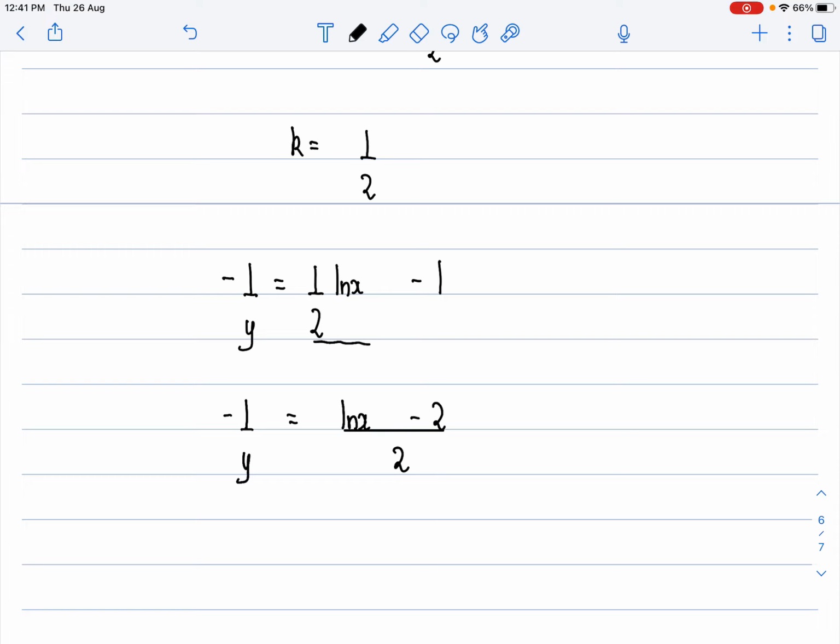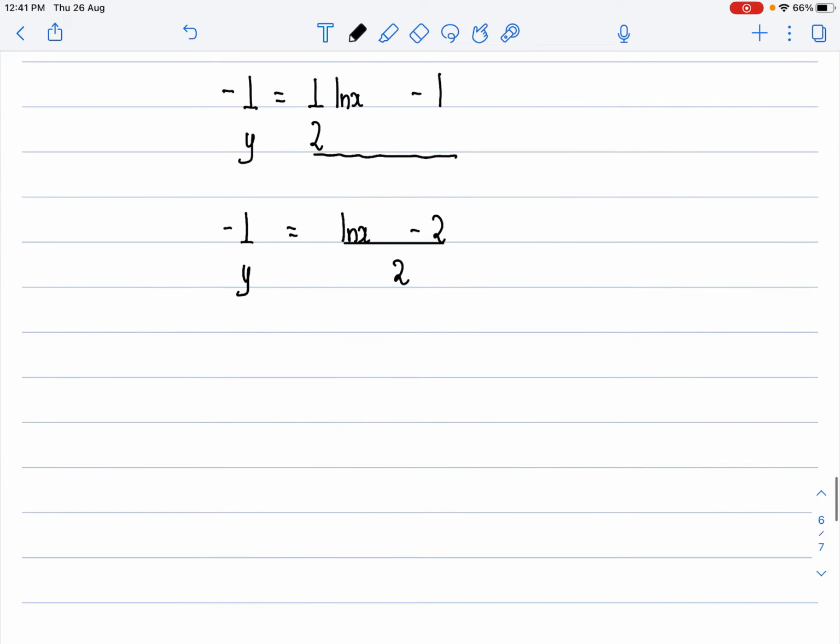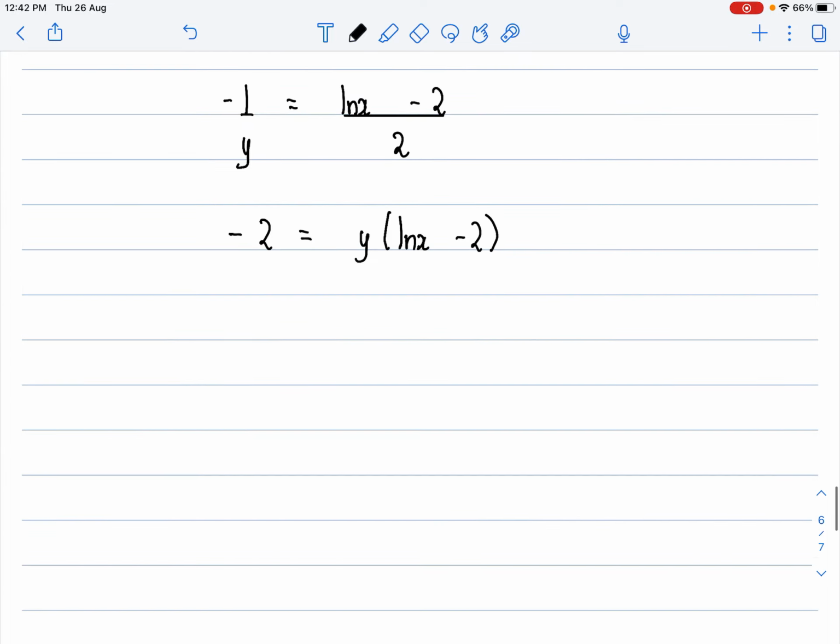I basically took the LCM here, cross multiplication, agreed. Now I can again cross multiply and write this as minus 2, which is equal to y into ln x minus 2. Now this can be written as y equals minus 2 over ln x minus 2, correct?